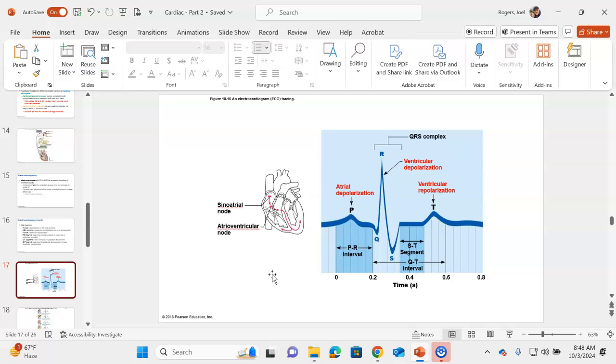Because if something is not going through the 5-part intrinsic conduction system efficiently, the heart itself will not be contracting in a coordinated and efficient manner, which will theoretically lead to an arrhythmia, possibly a life-threatening one. Okay? So that's why this test is important.